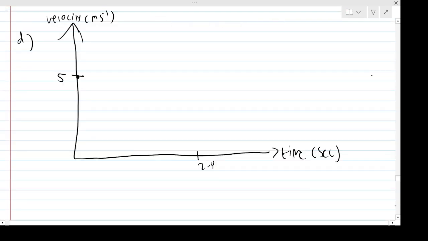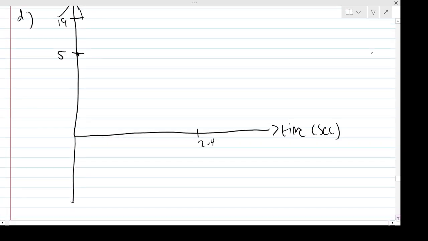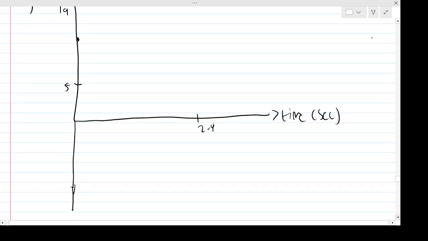Now, either it's going to be 19 above, or you should know velocity can be negative, so we can extend to negative velocity. If I move 5 down here, then 19 is going to be either all the way up there, or all the way down here. So either positive 19 or negative 19, because velocity can be positive or negative depending on the direction.